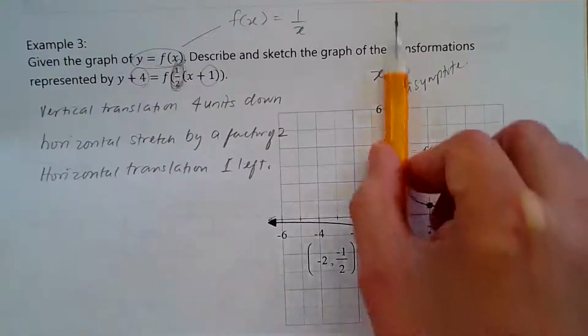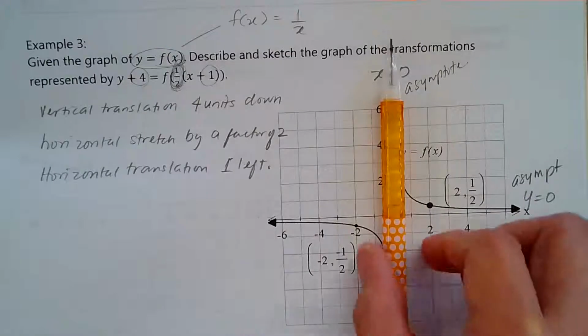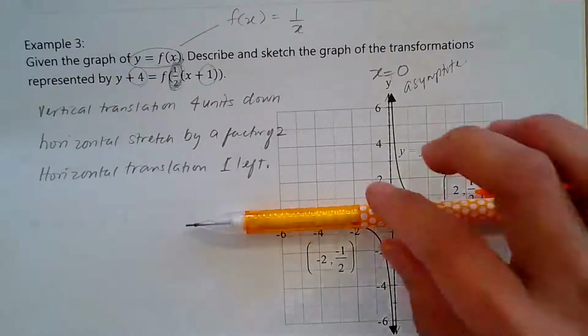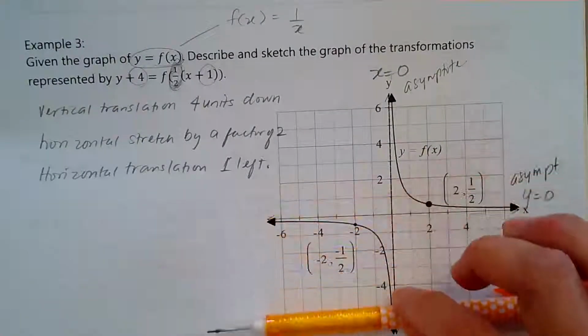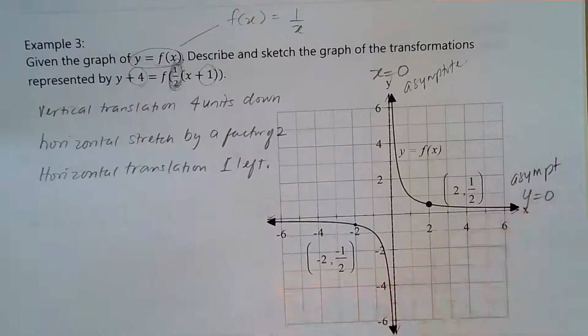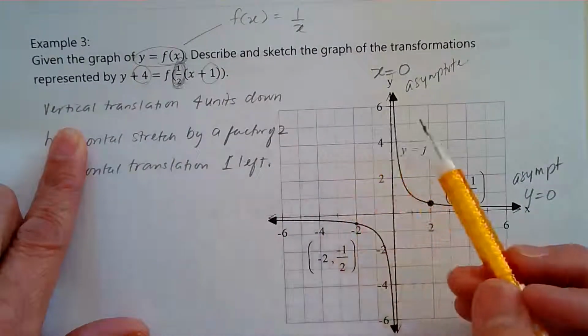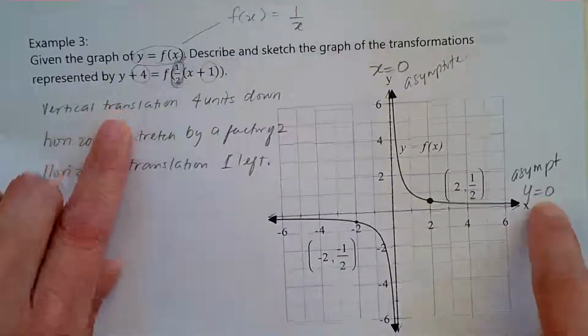It's in the same place, right? So if it's a vertical translation, it's y equals 0 that gets translated 4 down. So it's going to be the y that's going to go 4 down.